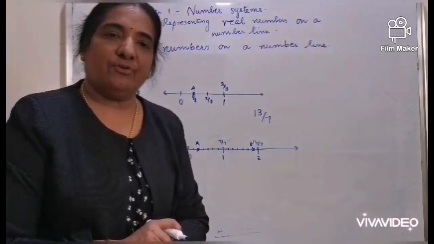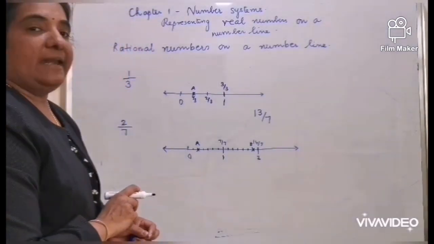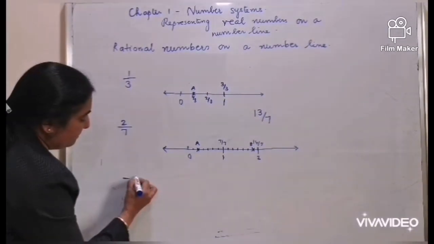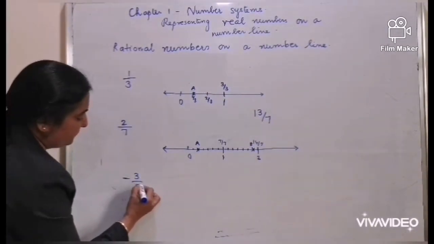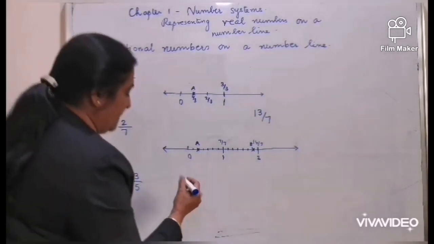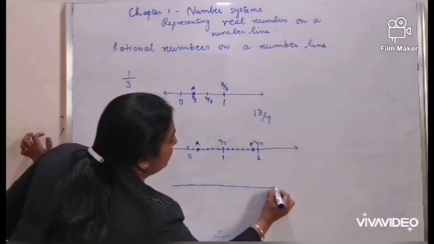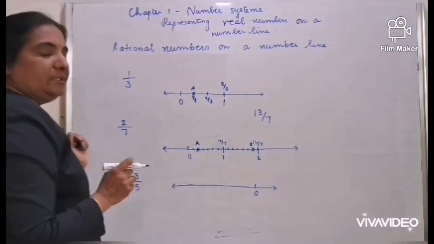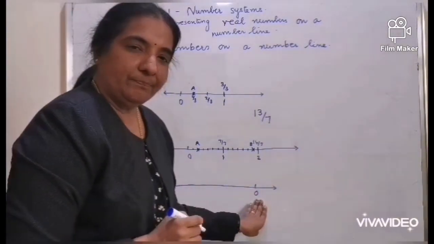The same logic follows in the case of negative numbers too. Represent minus 3 by 5 on a number line. When you draw a number line, since you have only negative numbers, the 0 can be plotted towards the right side here.